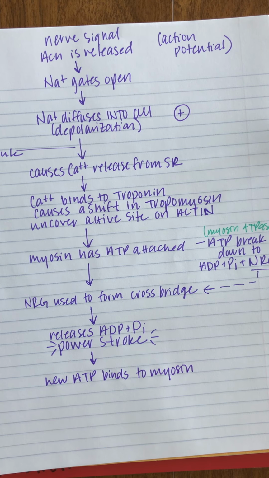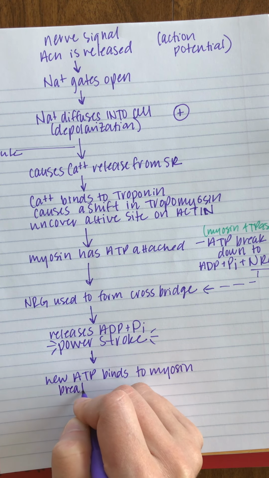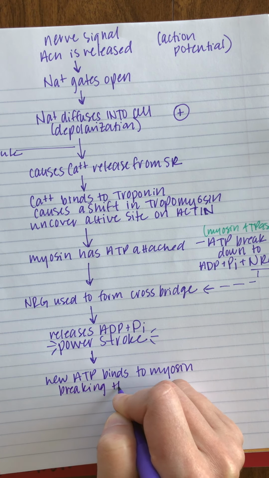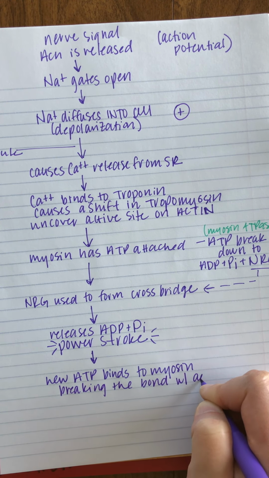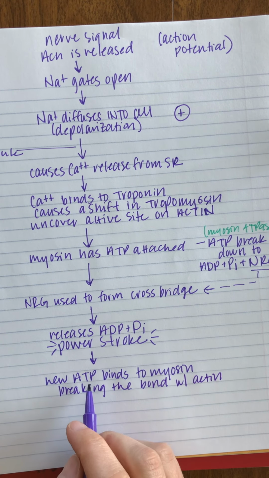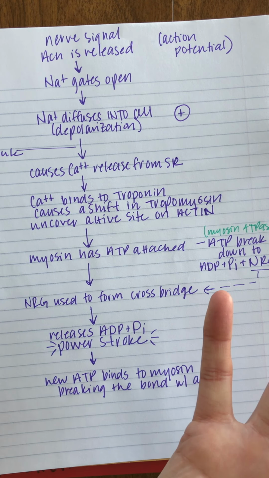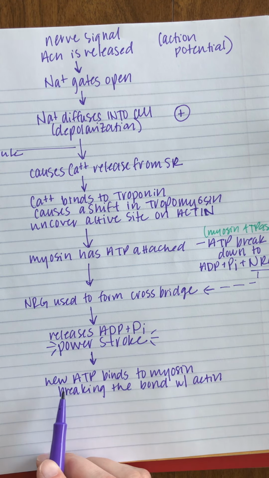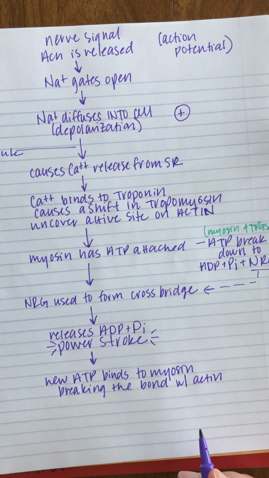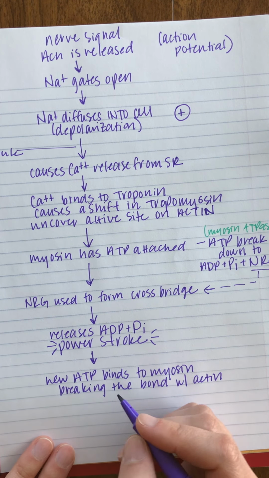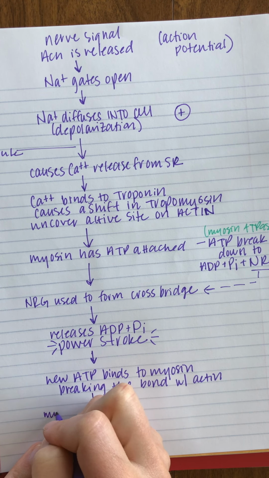Okay, so a new ATP binds to myosin, which will break the bond with actin. If a new ATP didn't bind to myosin, myosin would just stay attached to actin. So a new ATP has to bind to myosin, it breaks the bond with actin, and then the myosin is energized.